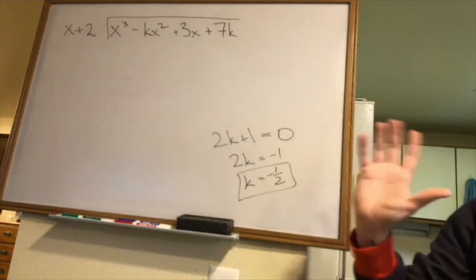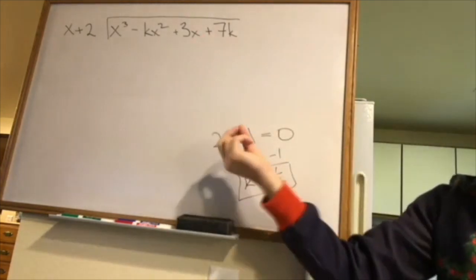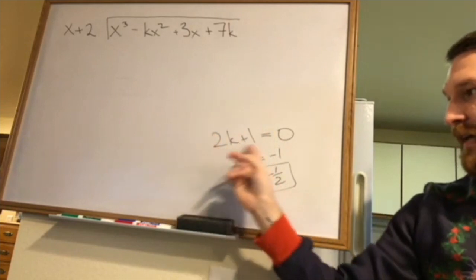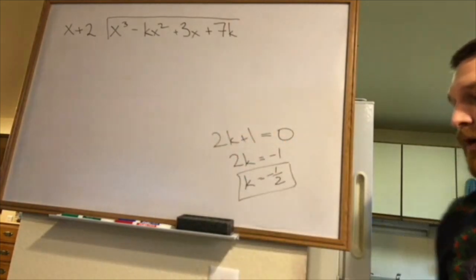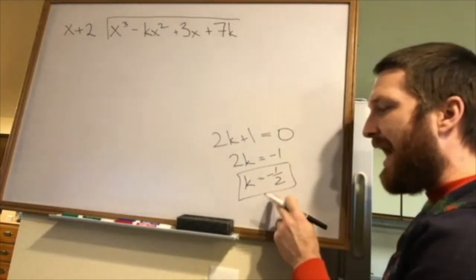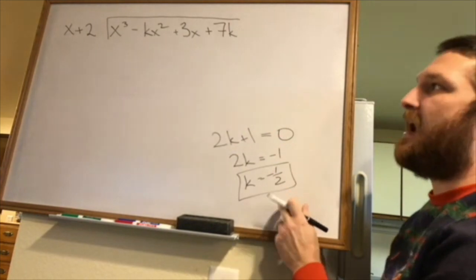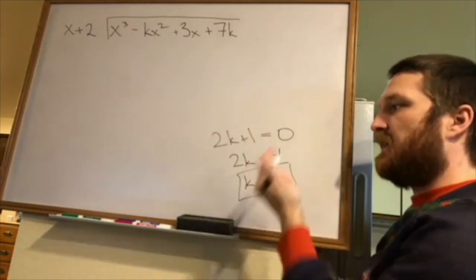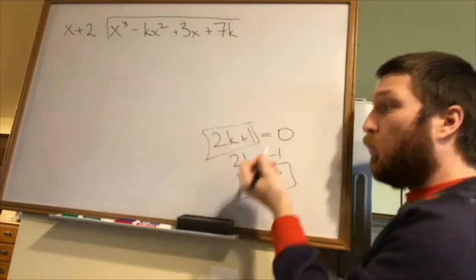Then if k happens to be -1/2, and I went through and did all this, in the end my remainder would be 0.